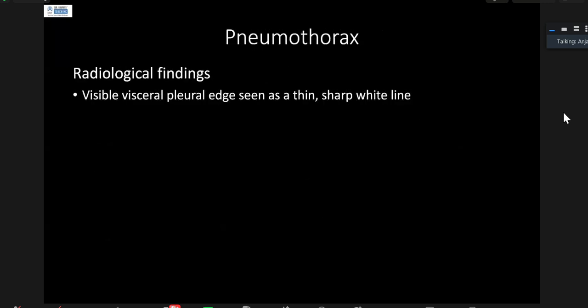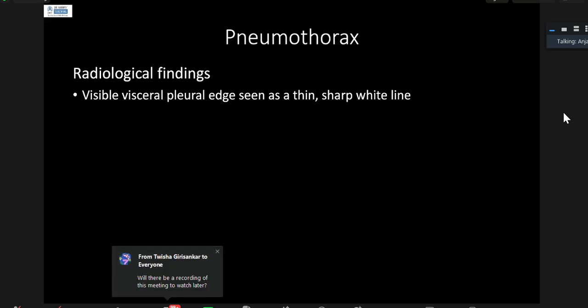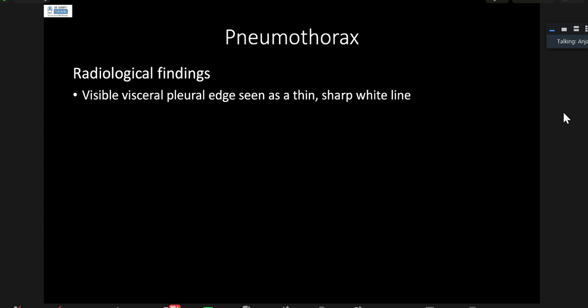So radiological findings are, when we looked at the anatomy, we saw that there is a potential space. Both the visceral pleura and parietal pleura oppose each other, and you don't normally see the pleural space on an X-ray. So when the visceral and parietal pleura separate because of air between them, what happens?